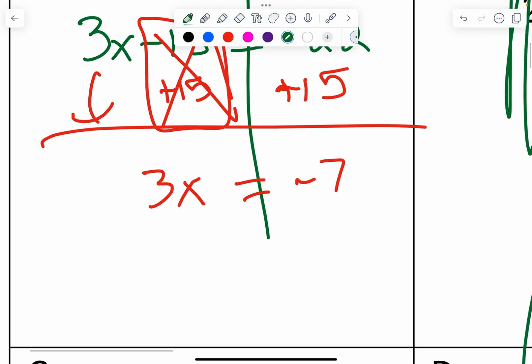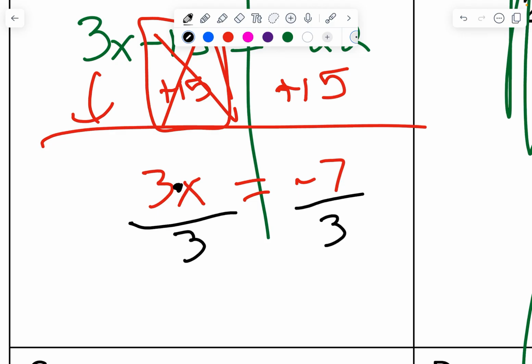Okay. And then from here, remember, for the most part, you're going to have the same operation. But if there's no plus sign, no minus sign, or division sign, we know it's multiplication. So the opposite of multiplying is we've got to divide.